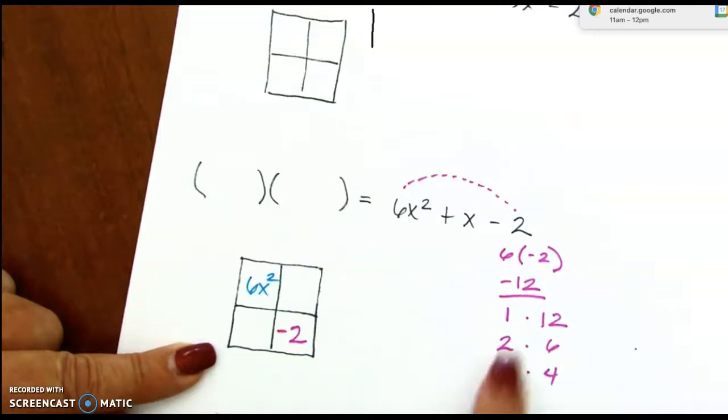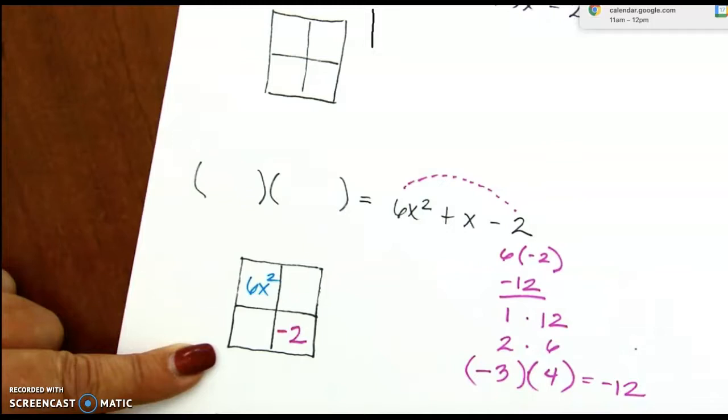So which one of these, if I made one of them negative, would end up with 1x? They're just 1 apart. So these aren't 1 apart. These are 11 apart. These are 4 apart. These are 1 apart. There's only 1 in between 4 and 3. So I know that if I made a 4 positive and a 3 negative, that's multiplying, makes -12, is what we have up there.